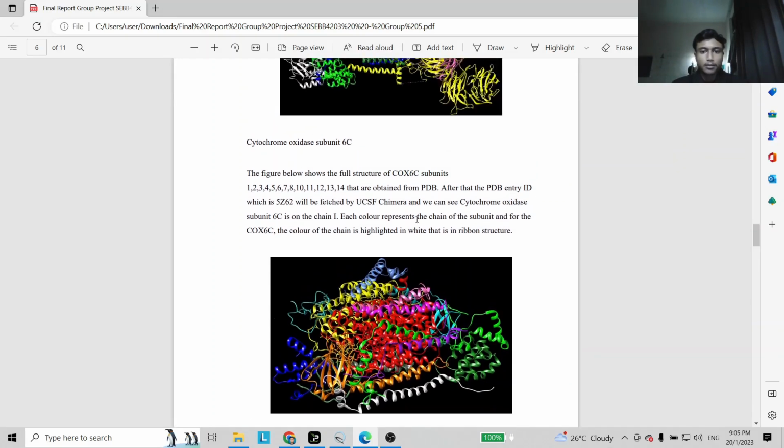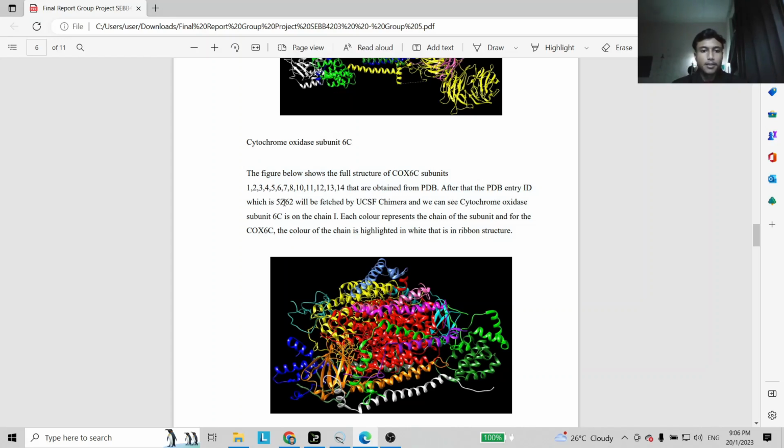The figure below shows the structure of cytochrome oxidase 6 subunit 6C, and there are 14 chains obtained from PDB.